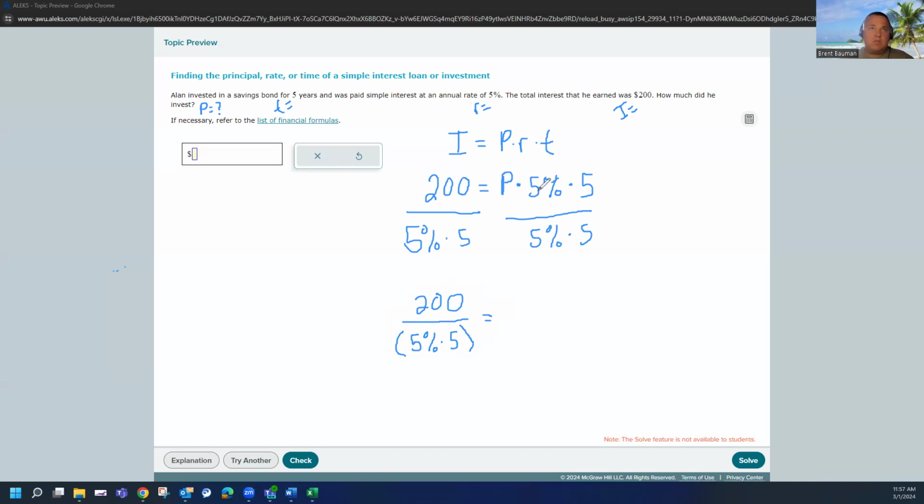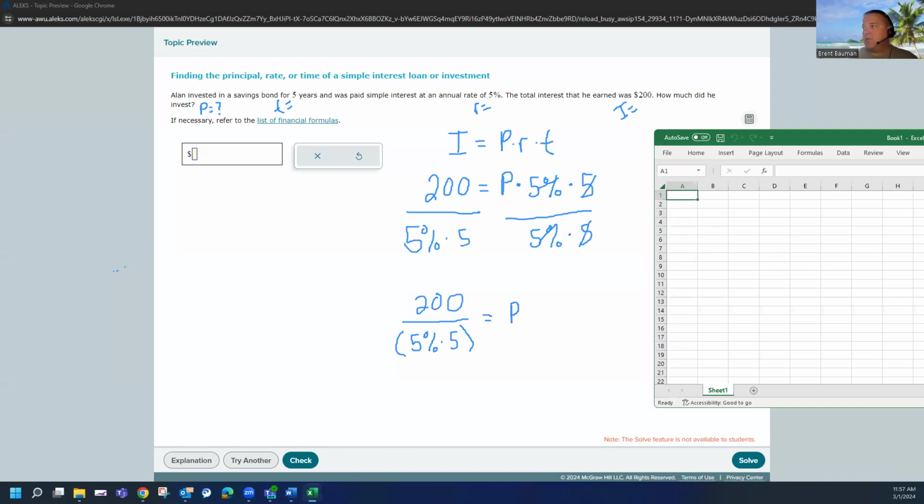Now this 5% and this 5 reduce out, and we're just left with P. That's why we divided: because these reduce out, and it's just going to leave us with the value we're interested in. So now I just need to calculate this to find the value of P.